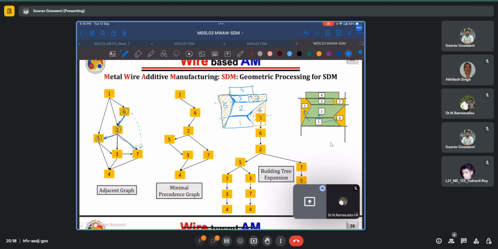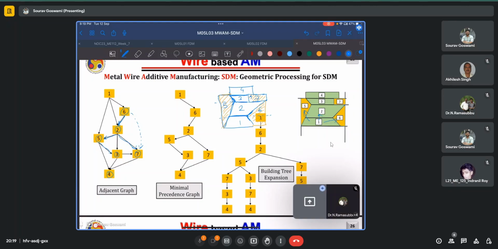Then we see that 5 is connected to 1, 2, 3, and 4. So we draw those arrows. So connected to 1 is already joined, 2 is already joined, 3 and 4. Moving on to the next, we encounter part 3. 3 is connected to 5 and 7. So 5 it is already joined to, we write 7 and join it. And finally also to 4. 4 is also connected to 5 and 7 and the relevant arrows are shown. This is the adjacency graph.